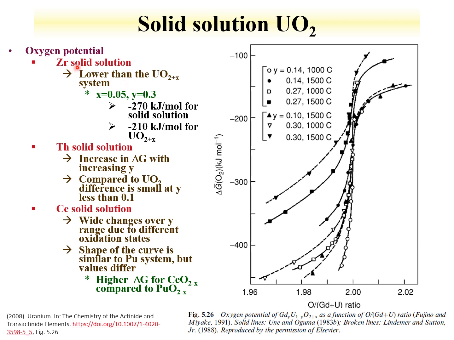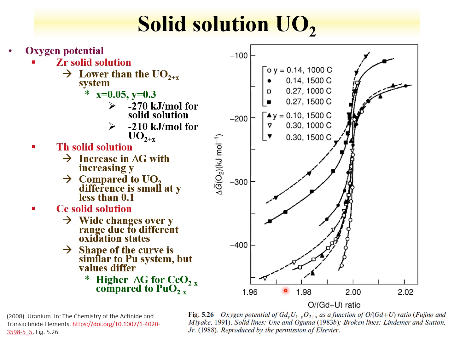For the zirconium solid solution, data has been collected. For the thorium solid solution, there's an increase in Gibbs free energy with increasing Y, the amount of thorium. Compared to the UO2, difference is small at Y less than 0.1.